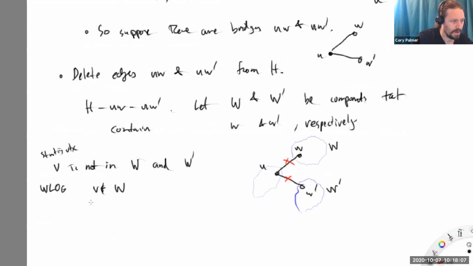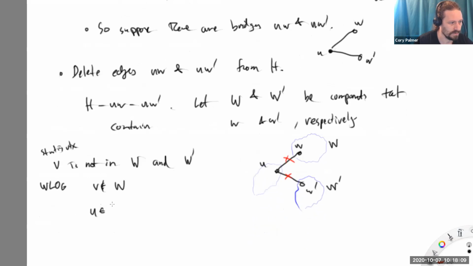What else do we know? U is also not in W, right? U is over here. It's clearly not in W simply by construction. So these two vertices are not in W. But little w, which is in big W, what can you tell me about the degree of this w after removing this edge here?